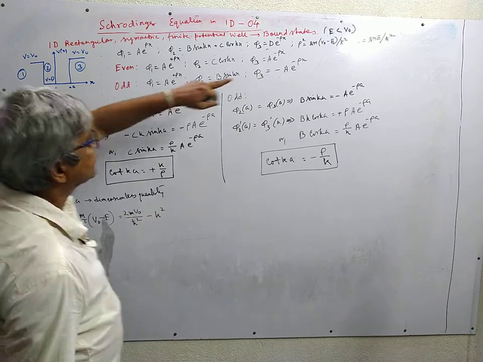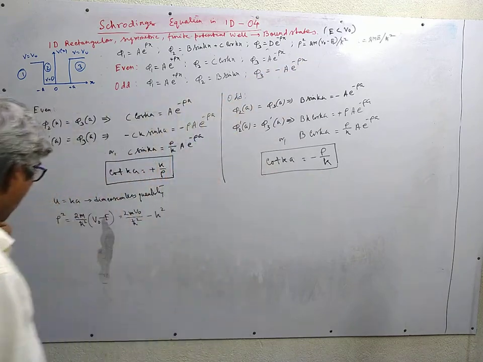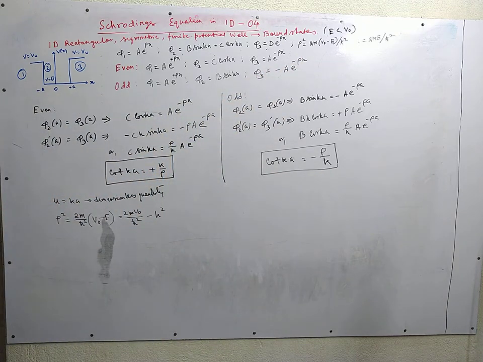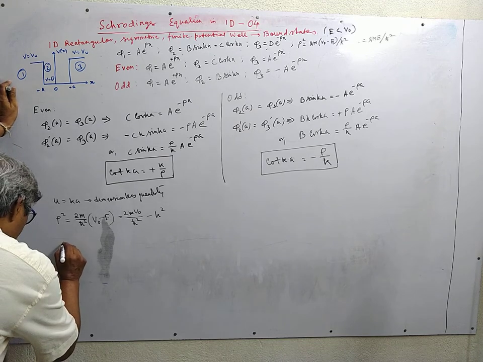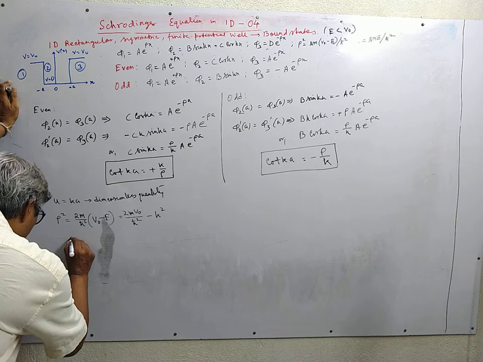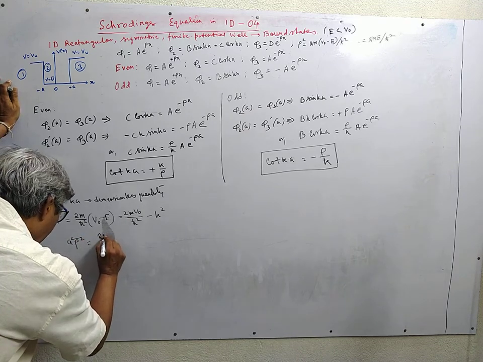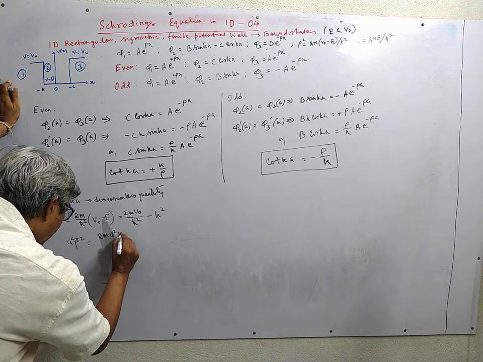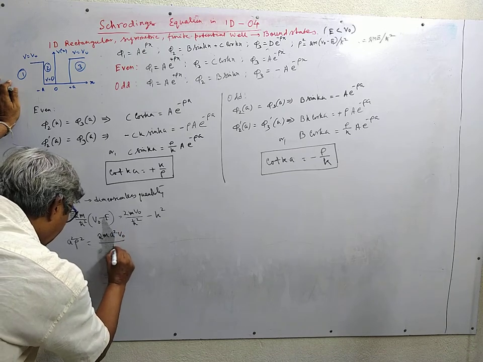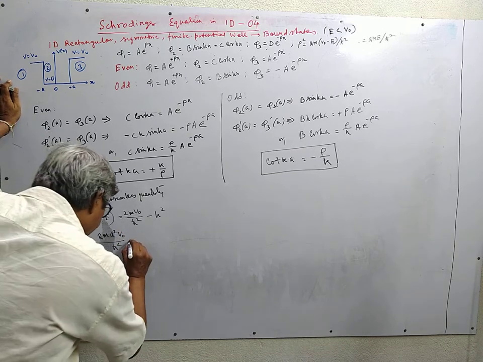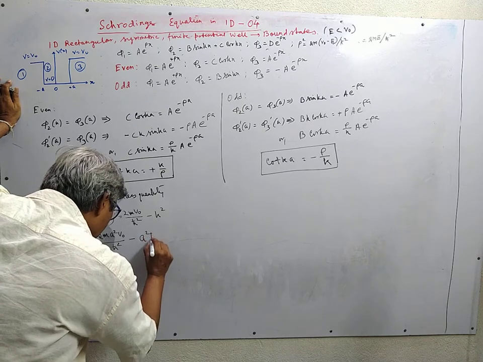You see the definition of k square: twice mE by h bar square. If we multiply all the sides by a square, we get a square rho square is equal to twice m a square V0 by h bar square minus a square k square.